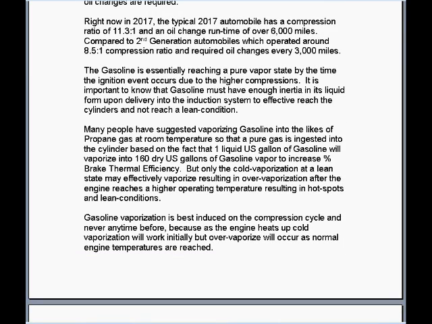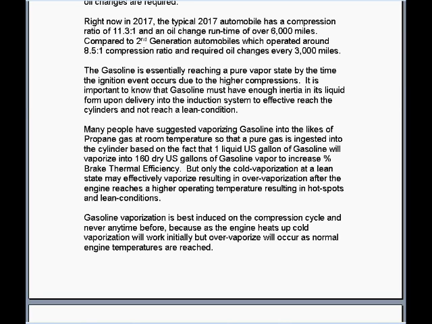Many people have suggested vaporizing gasoline into the likes of propane gas at room temperature so that a pure gas is ingested into the cylinder, based on the fact that 1 liquid U.S. gallon of gasoline will vaporize into 160 dry U.S. gallons of gasoline vapor, to increase percent brake thermal efficiency.